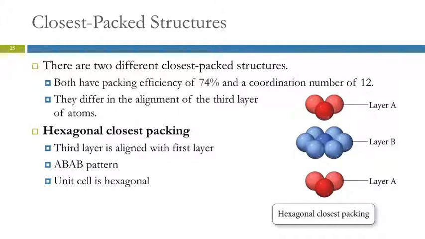It's closest packing because in each of these layers, we don't have a grid of atoms. We've got, well, basically hexagons, right? So this is forming a hexagonal shape instead of a cube. These are going to have a packing efficiency of 74%, a coordination number of 12. So that's similar to the body-centered cubic cell, but it's hexagonal.